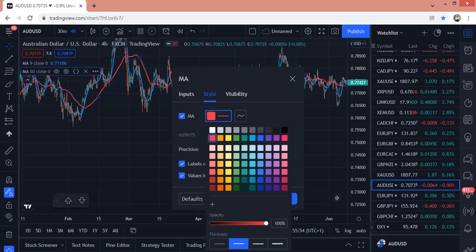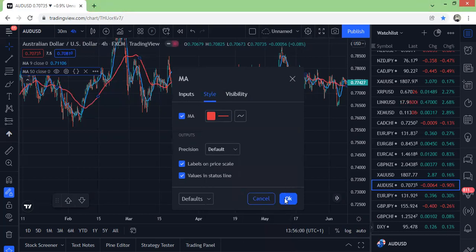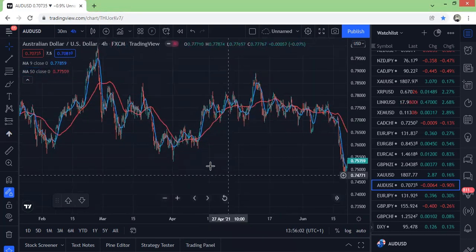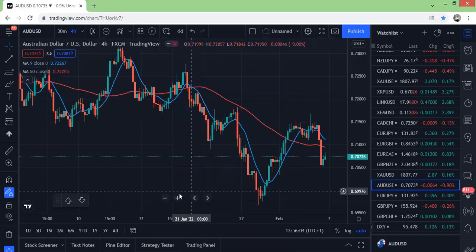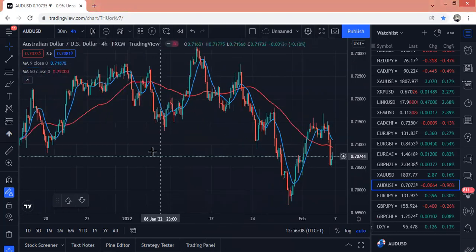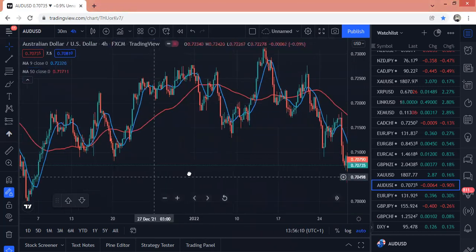Right, let's make that red. Okay, so right now I have the 9 and the 50 on my chart. The 9 is the blue, and the 50 is the red.